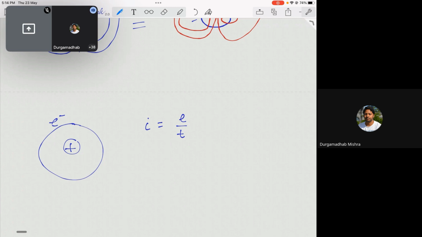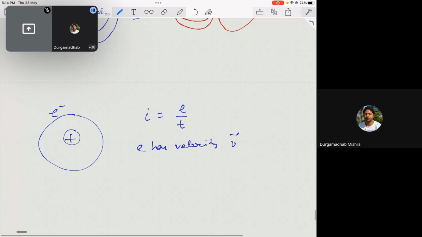So if the electron has a velocity v, and T is the time period for one electron to complete one orbit around the nucleus, I can write 2 pi r, where r is the radius of the circle, the distance of the electron from the nucleus, equal to v into T. So T will be simply equal to 2 pi r by v.